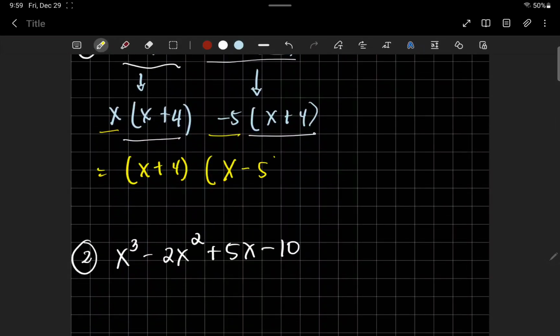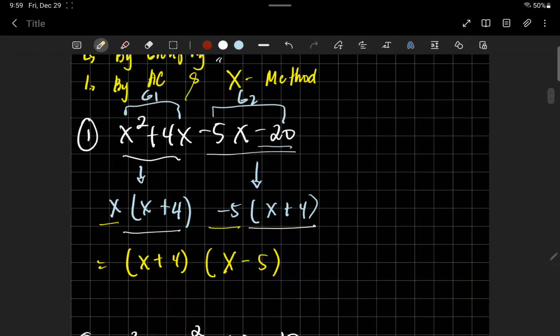So that will become x minus 5. Therefore, the factored form of x squared plus 4x minus 5x minus 20 is equal to x plus 4 times x minus 5. Alright?